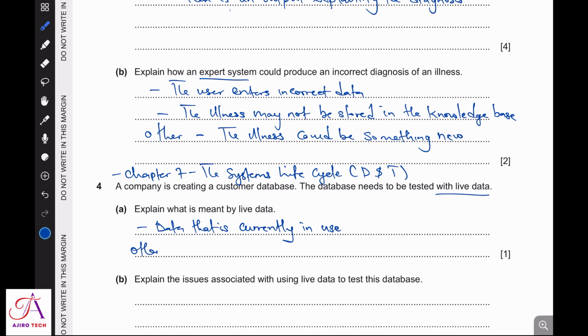I could say others, data with known outcomes, where the outcomes are known.